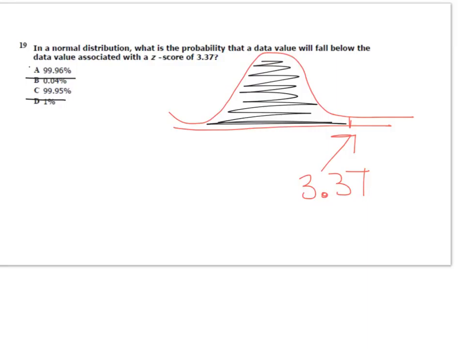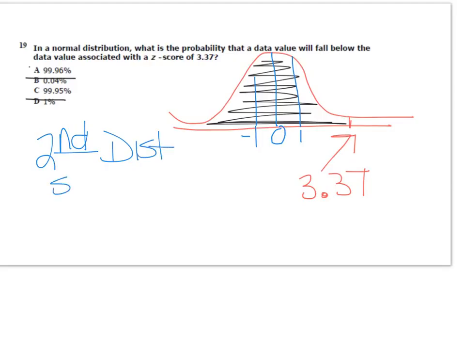Okay, so now let's think about this. Here we don't have a mean or a standard deviation, so we're going to make it normal. This is going to be 0, and it's going to go over in increments of 1, 2, 3, and so forth. If I want to find this area, I would do a normal cdf on the calculator, and we always do what?